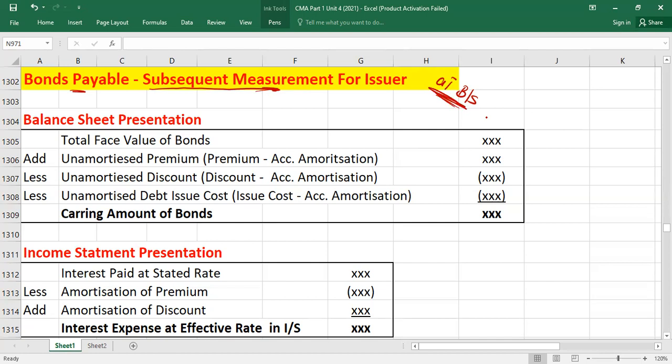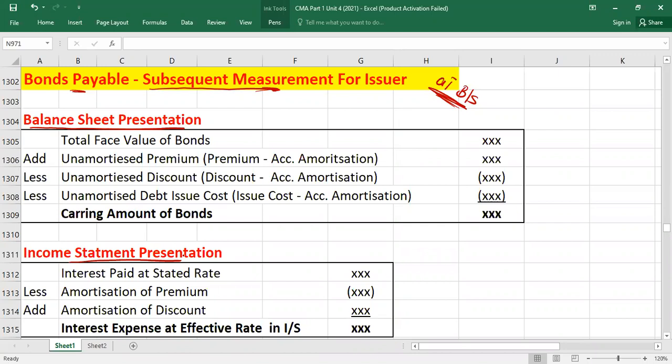Ready? So here we go. This is the formula first. I'm just explaining it first, and I will show you the calculation, it will become very easy. This is the format for balance sheet presentation. And here we have the format for income statement presentation. As I told you, initially you will see it is a bit more information, but once I do the calculation, it will become very short.